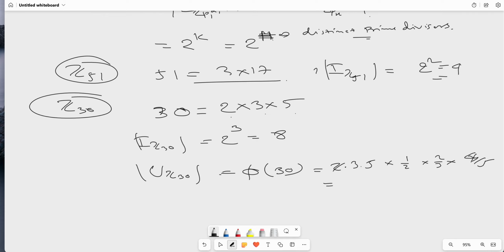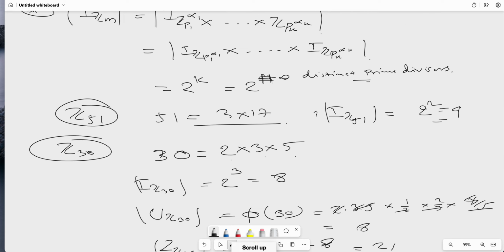This is actually 2 cancel, 3 cancel, 5 cancel, 4 into 2, 8. And the number of zero divisors is the total number 30 minus 1 minus 8. So this will be 21, right?